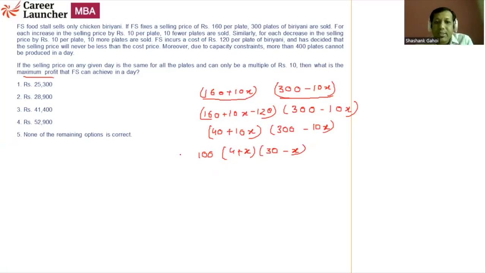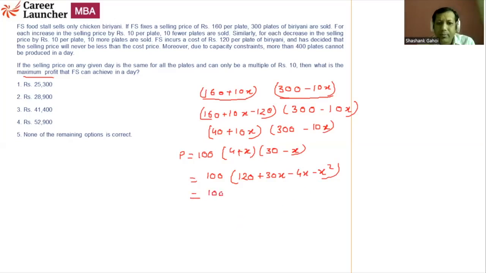Now, this is the equation for profit that we are getting. So we can say the total profit is going to be 100 times, this comes out to be 120 plus 30x minus 4x minus x square. So this is what we are getting so far.